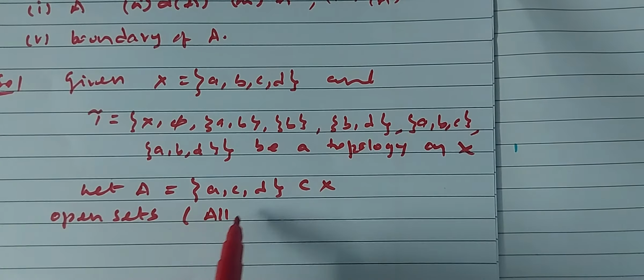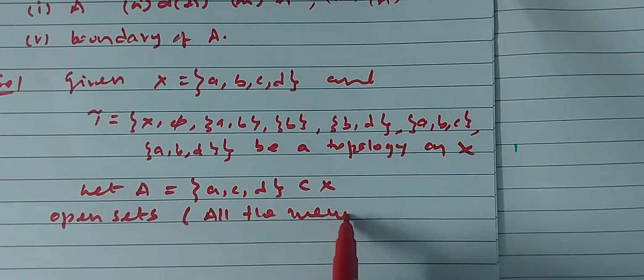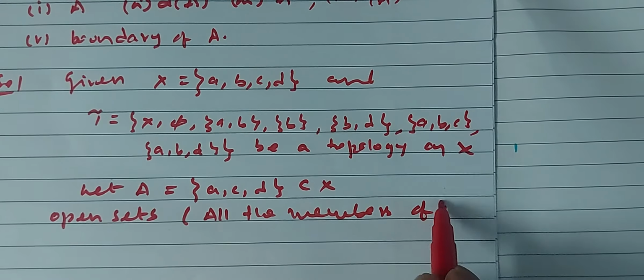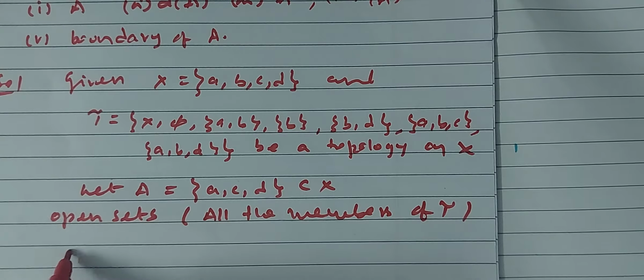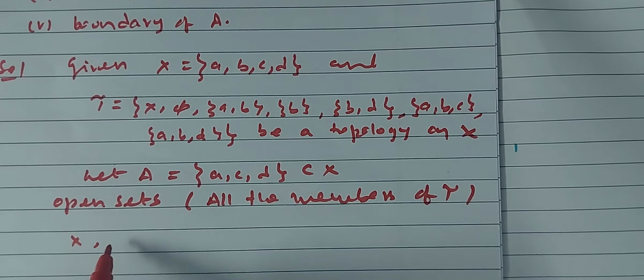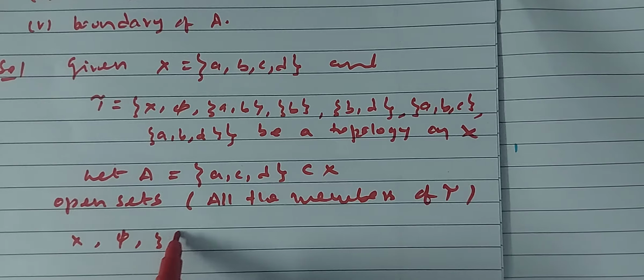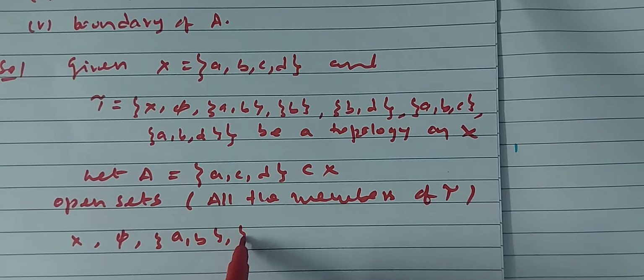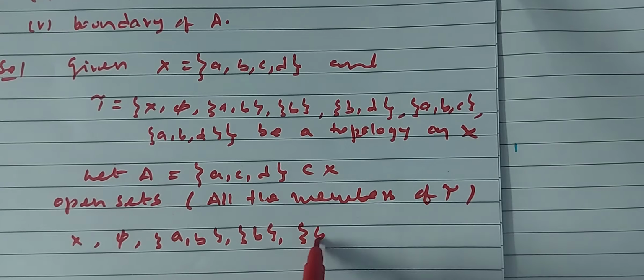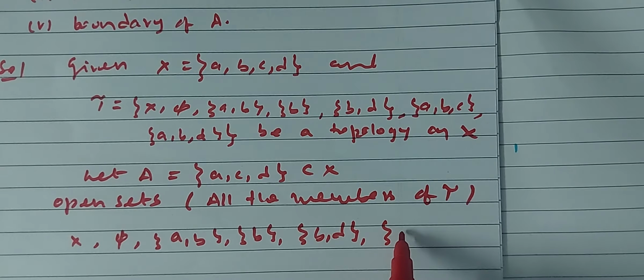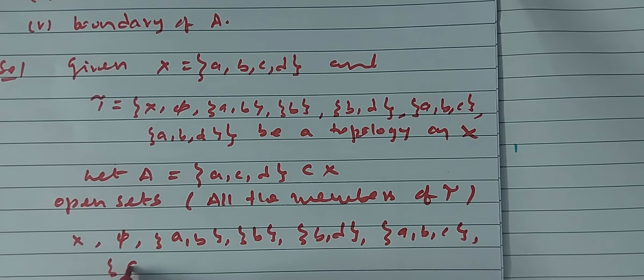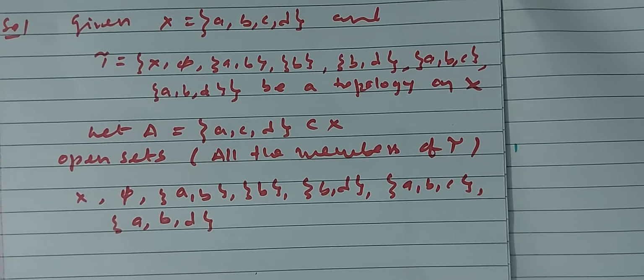All the members of τ, that is X, φ, {a, b}, {b}, {b, d}, {a, b, c}, and {a, b, d}. These are all the open sets.